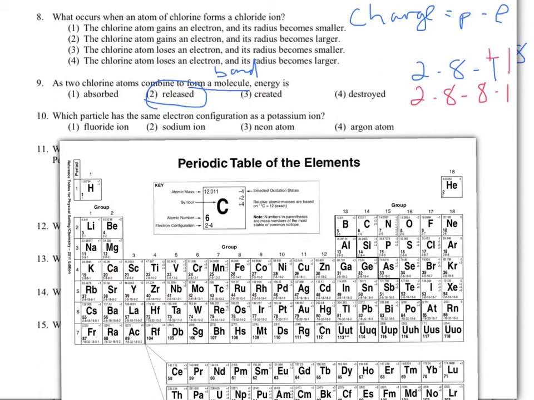Now that means that when the atom forms an ion, we can simply sum together these numbers, which will cause them to cancel out. And our new electron configuration will be 2, 8, 8. Now, looking on our periodic table for a species with the electron configuration 2, 8, 8, we can see that matches the electron configuration found here with the argon atom.